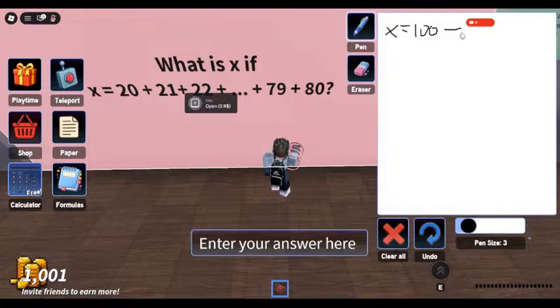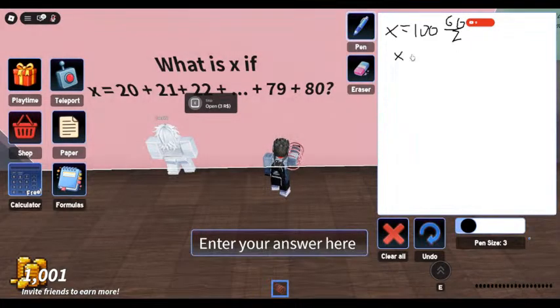The end is 80, that's the max, but we start at 20, so we're going to minus it. 80 minus 20 is 60 divided by 2.